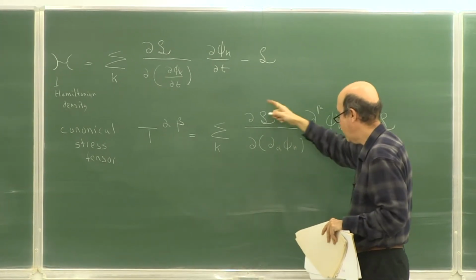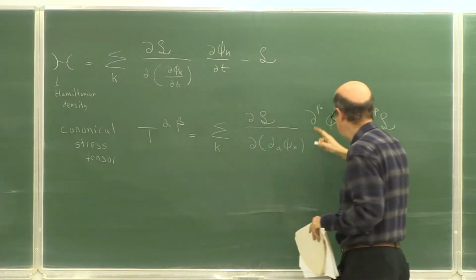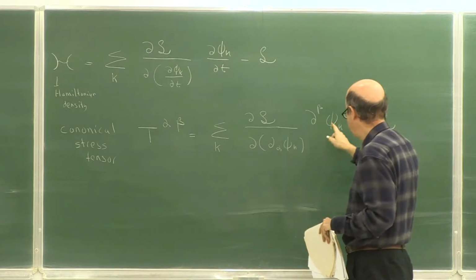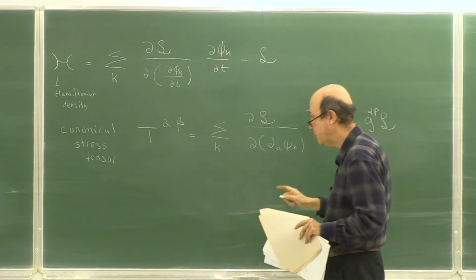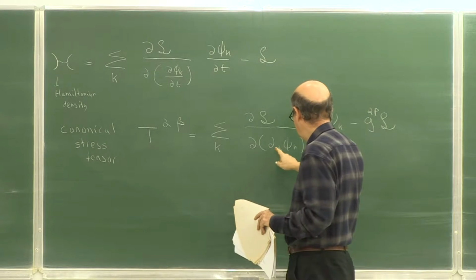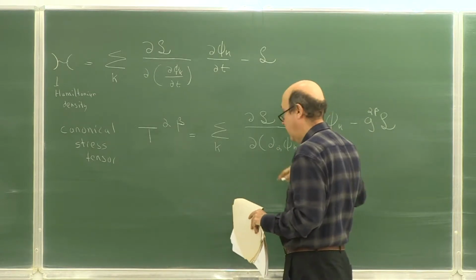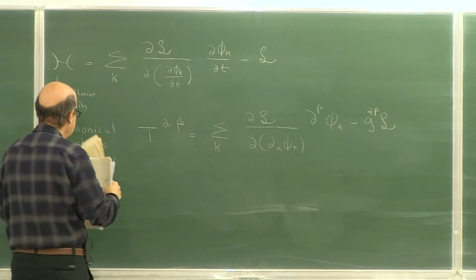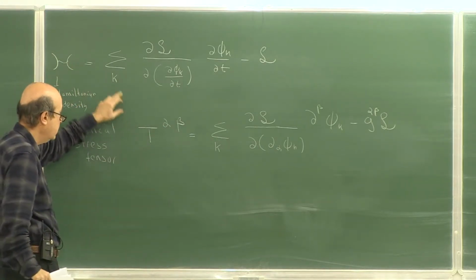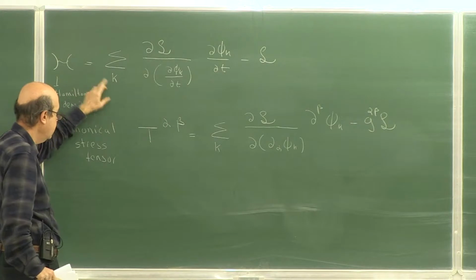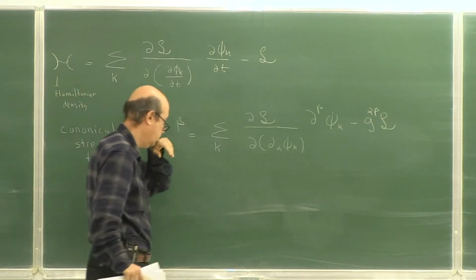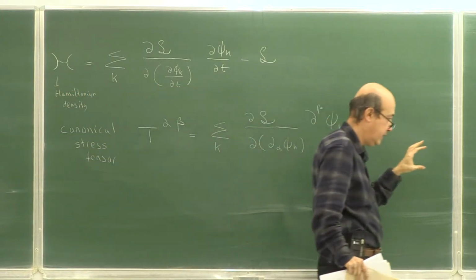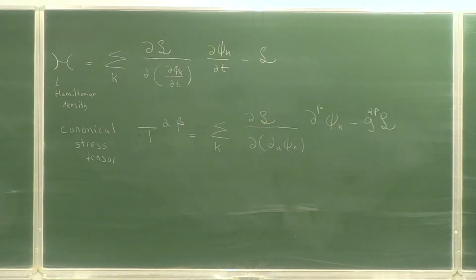So alpha is upstairs, beta is upstairs, phi is the field variable, and del alpha or del beta are the derivatives of the field variables. The difference between this and that is that this is a 0th rank and this is a second rank tensor, and we will see that each element has different physical meanings.